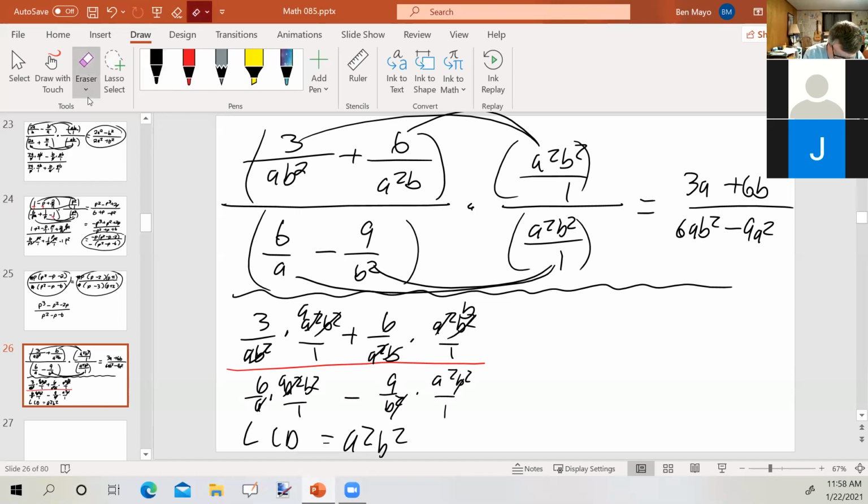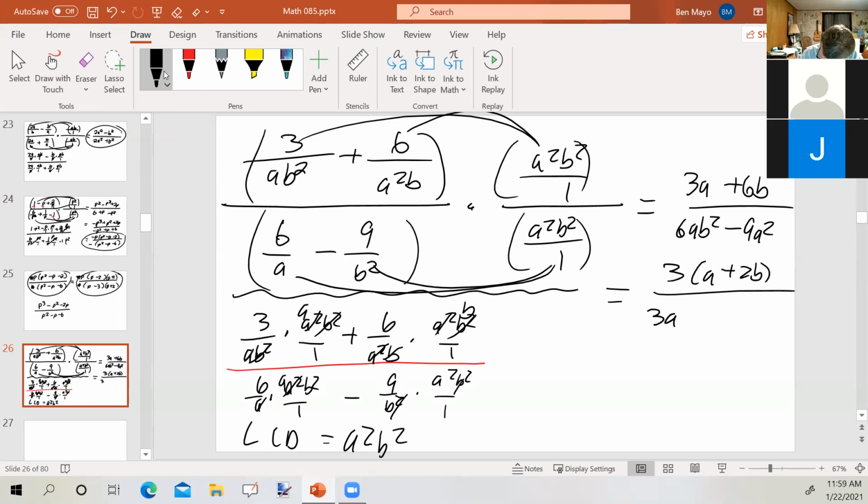Let's see here. I could factor 3 out of the top and get a plus 2b. I could factor a 3a out of the bottom and get 2b squared minus 3a.